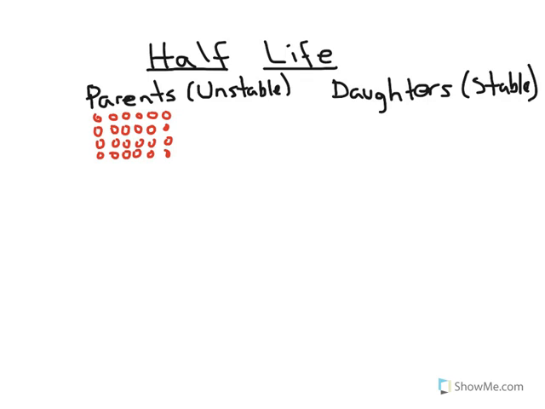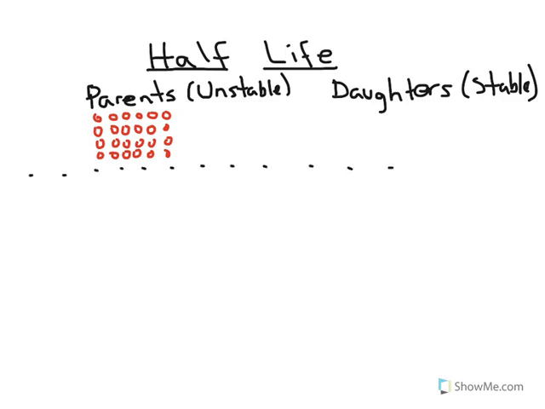Now, half-life is a statistical process, and by that it means that if you have a large enough original sample, in the time indicated by the half-life, statistically, half of your parents will have decayed. In our example here, we have 24 parent atoms and 0 daughter atoms as our starting point.